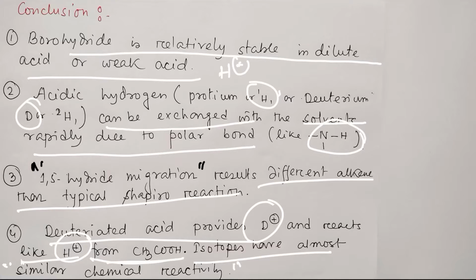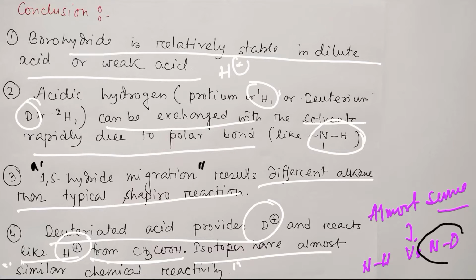But why did I say the word almost the same? You have observed this because of bond strength. For example, if you compare NH versus ND, this ND is slightly more stable because of the mass of deuterium. So that's why we should say not the same, almost the same.